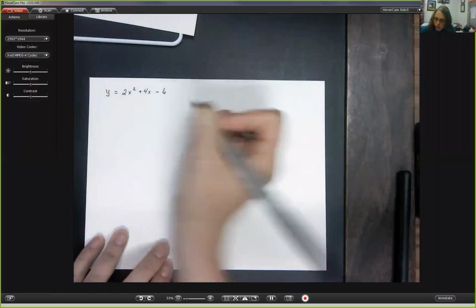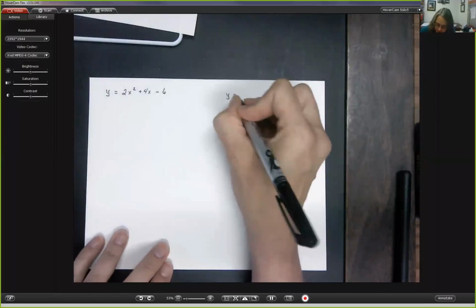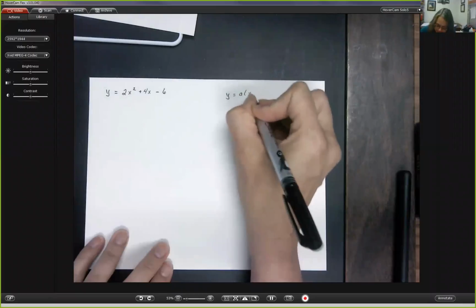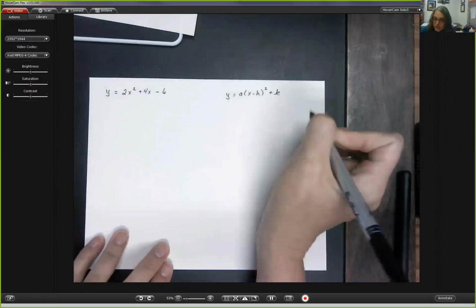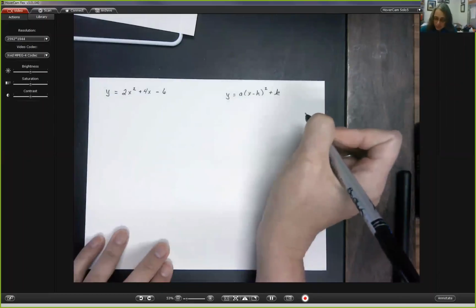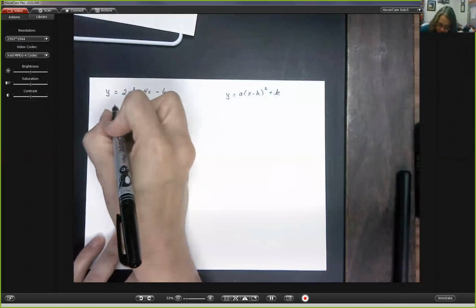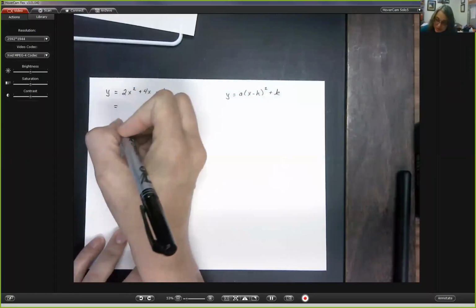Okay, we're going to put this into y equals a times x minus h squared plus k form. We're going to follow these steps. If you follow these steps, it works every time.